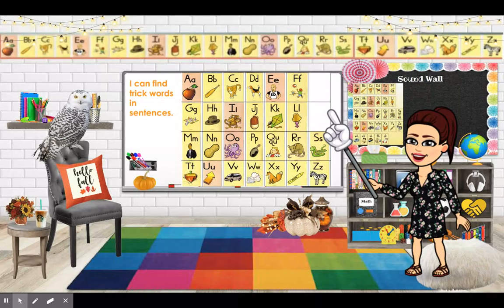U, up, u. V, van, v. W, wind, w. X, fox, x. Y, yellow, y. Z, zebra, z. Good.